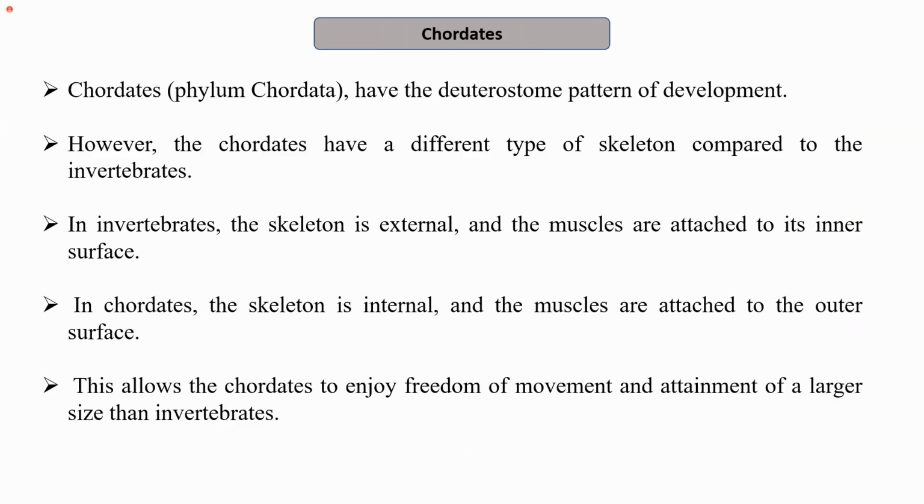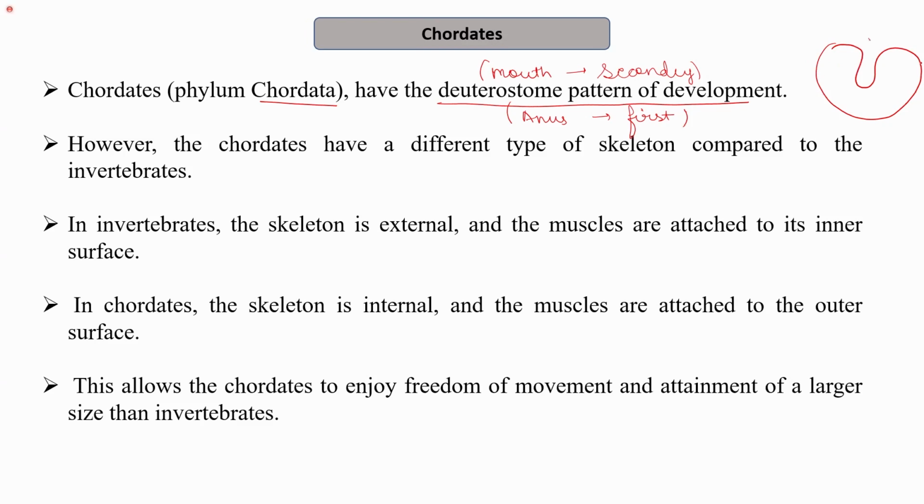So what are chordates? Chordates are the animals that belong to the phylum chordata. They have the deuterostome pattern of development. We know the meaning of deuterostome. That is, the mouth is formed secondly, and the anus is formed first. So during the development, when there is a formation of blastopore, so this is a blastula, for example, this indentation is a blastopore.